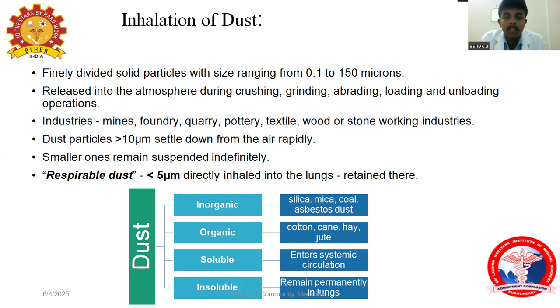Inorganic dust is generated during silica mining, and from mica, coal, and asbestos. Organic dust is obtained from cotton, sugar cane, hay, and the jute industry. The soluble dust enters the systemic circulation, and insoluble dust remains permanently lodged in the lungs because it is insoluble.